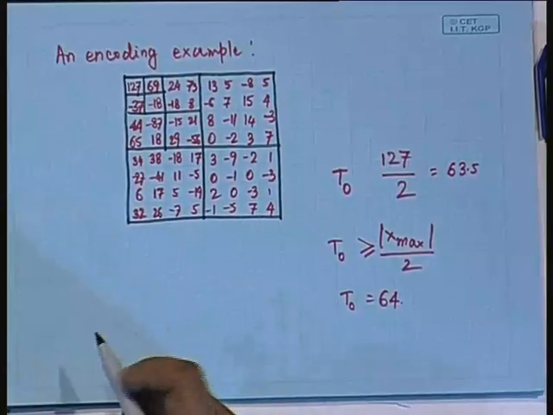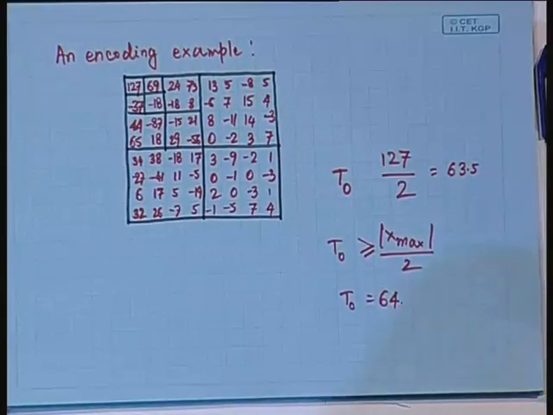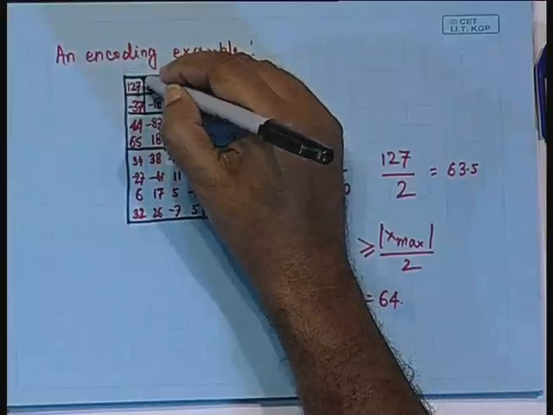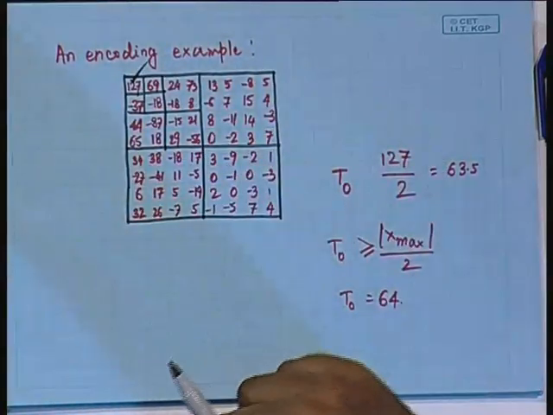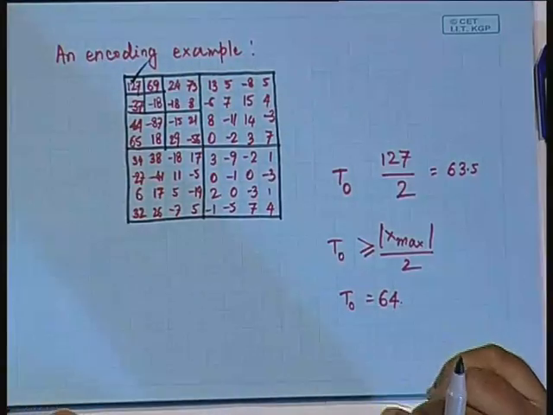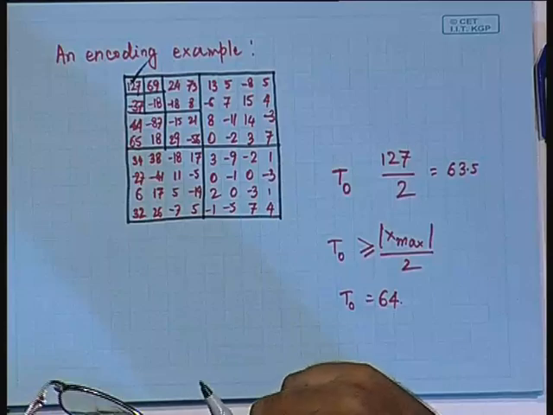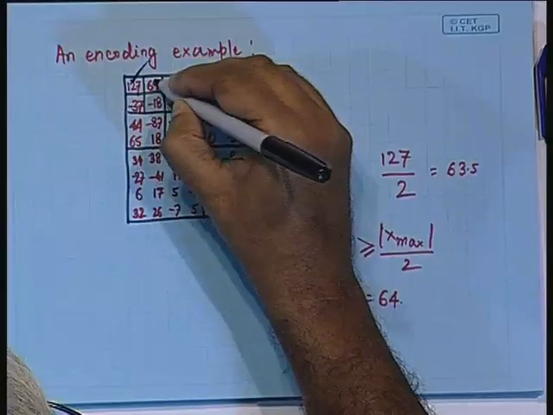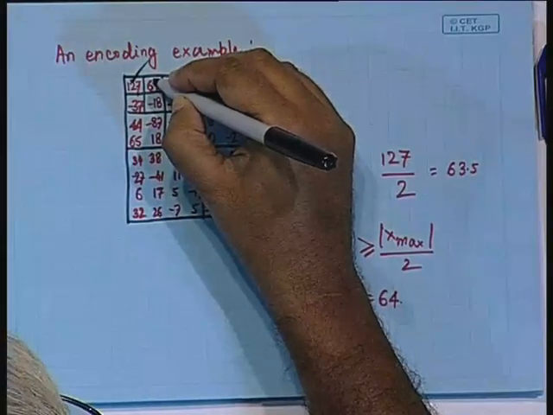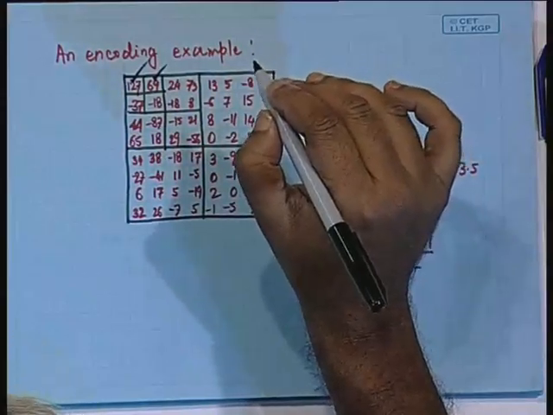So, this coefficient value 127 is a significant value. Not only is it significant, it has a sign, and the sign is positive. So, it is significant with a positive sign. Look at the next value, that is 69. This 69 value in the HL3 subband is also significant.